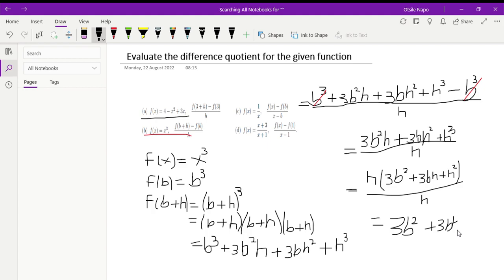Oh, these videos are becoming very long due to my struggle trying to write. So I'll try to find a very efficient alternative way of writing, but here it is. Here's the answer for question number B.